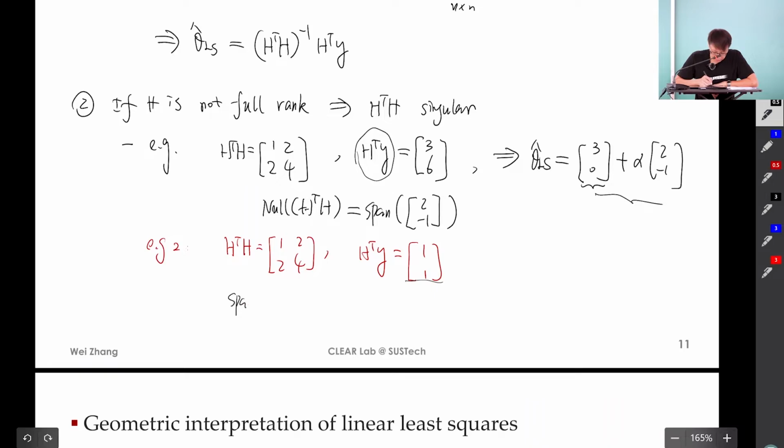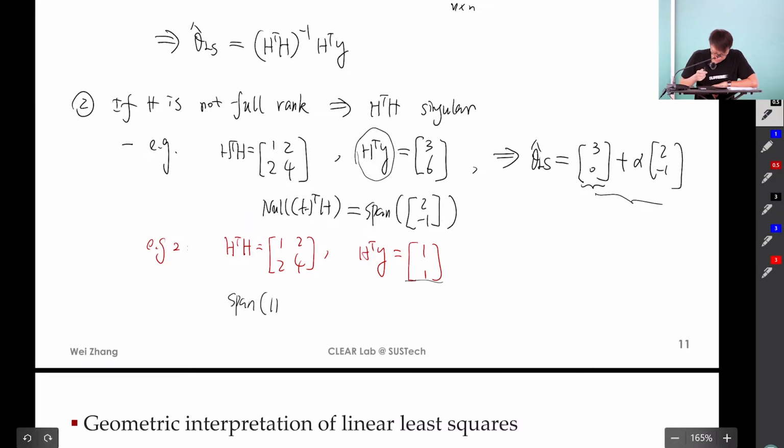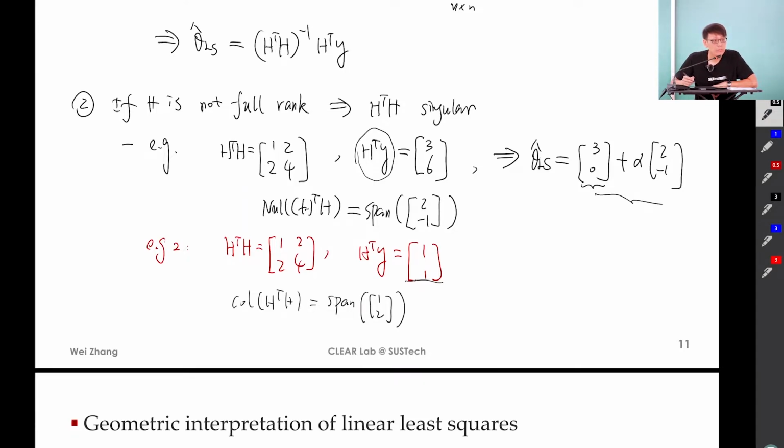The column space of H transpose H is just the span of [1, 2]. Okay, it's one dimensional.